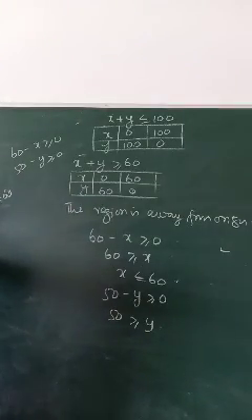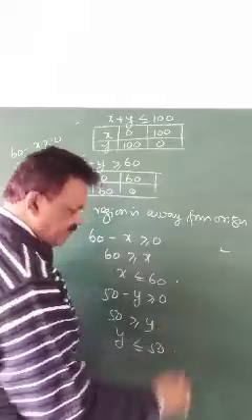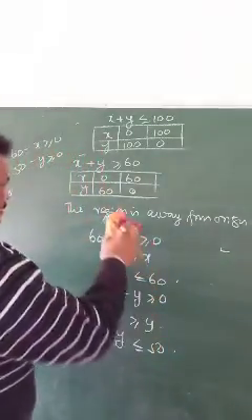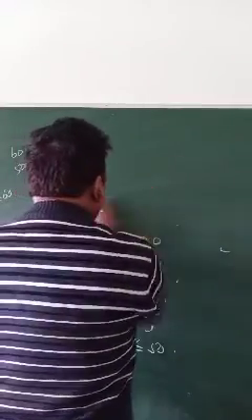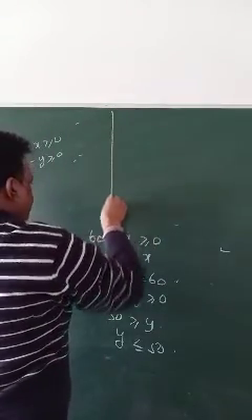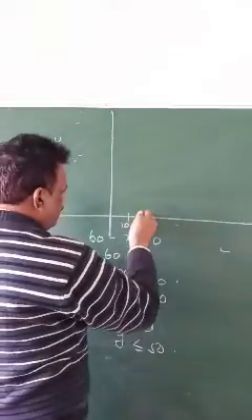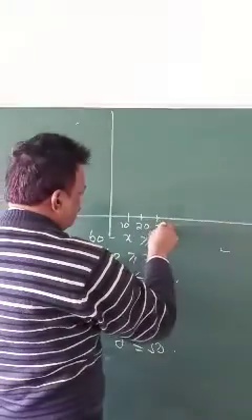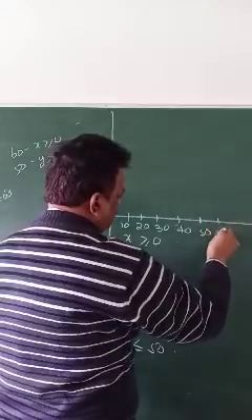Z was how much? 2.5x plus 1.5y plus 380. Y is less than 50. Graph you see here. Take 10 units: 10, 20, 30, 40, 50, 60.